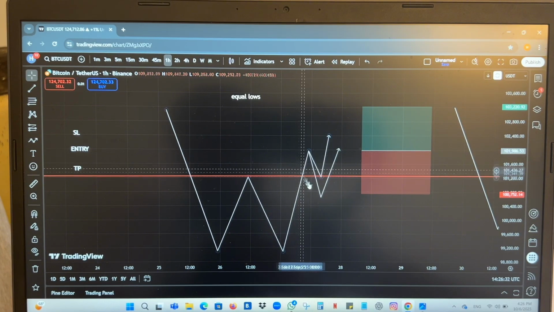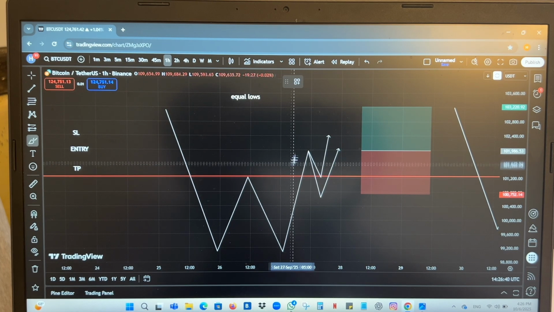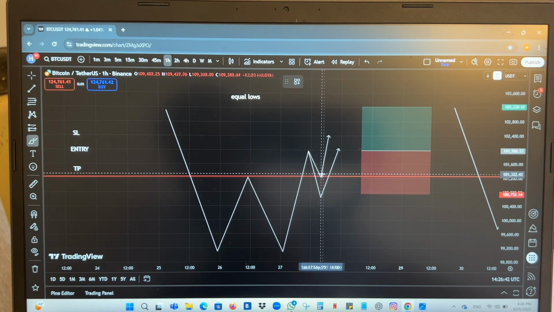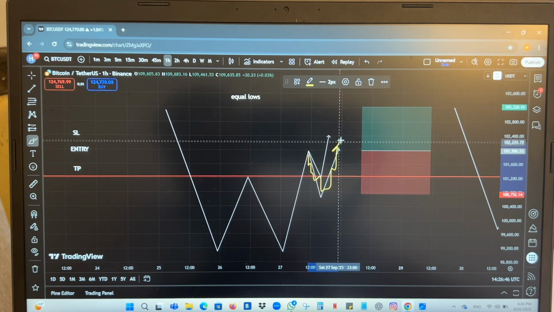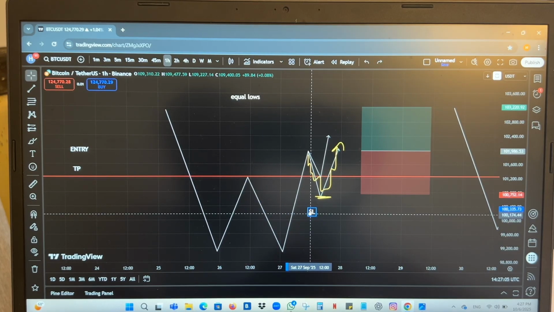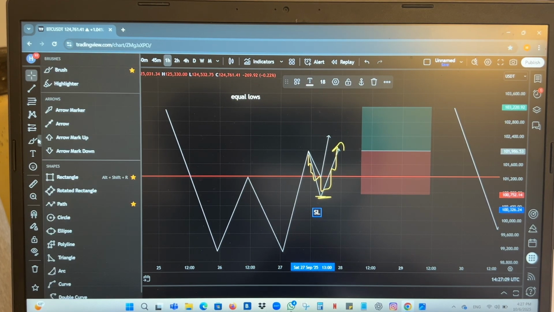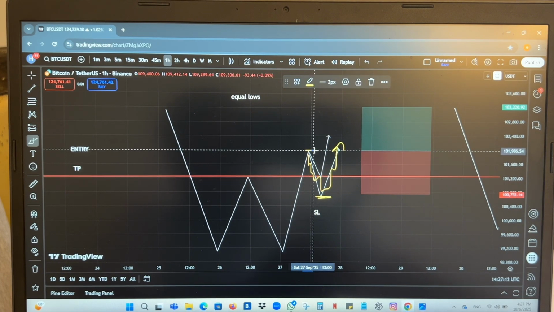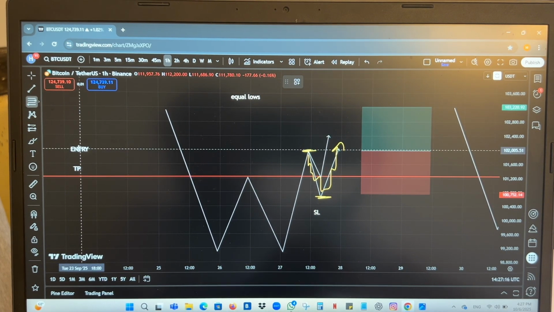Just like before, we'll say that the retest actually went a bit lower than the clean retest. So it went here and then it went up. This is where we put our stop loss, and this point is where we put our entry.